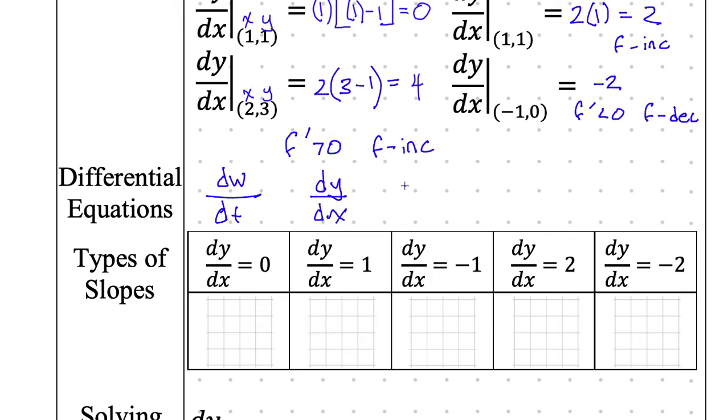You could have dy dt. Choose some random letters and put them over an equation and you're good. Give me some other ones. dz dx. There you go. So if you see one of those, that means you're dealing with something that has a differential part, and then if you have an equal sign, a differential equation.